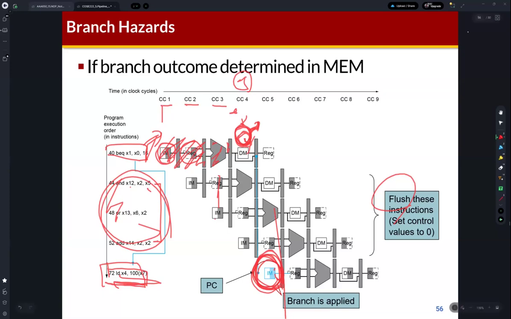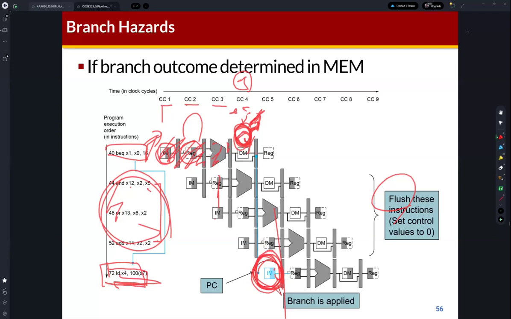The problem is that we get to know the result of the branch instruction when it is in the memory stage. But if we can detect this result earlier, for example, in the ID stage, then we can reduce the number of wasted clock cycles. Right, obviously, right? So do you understand?